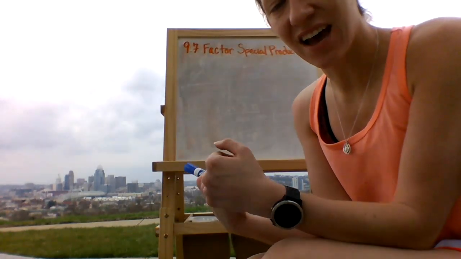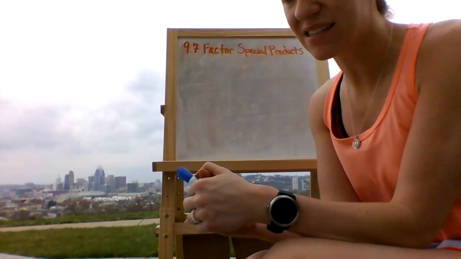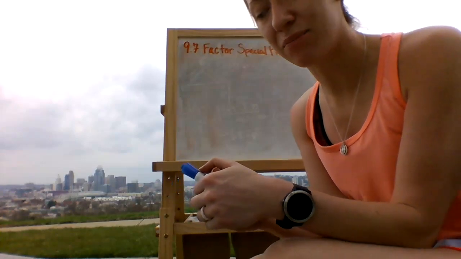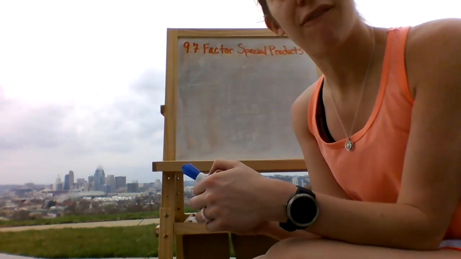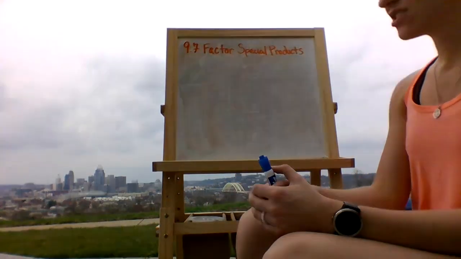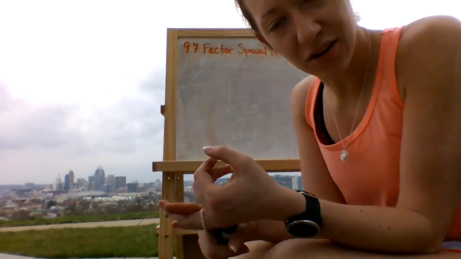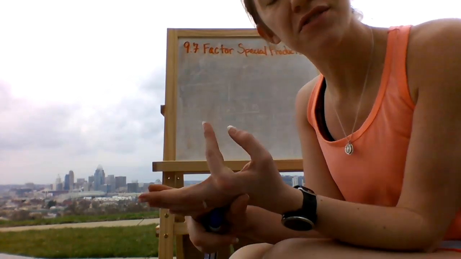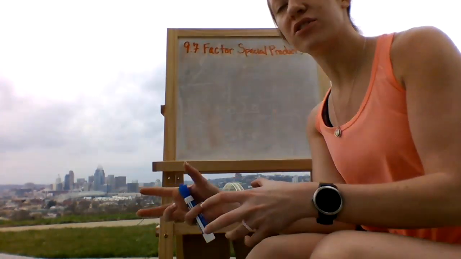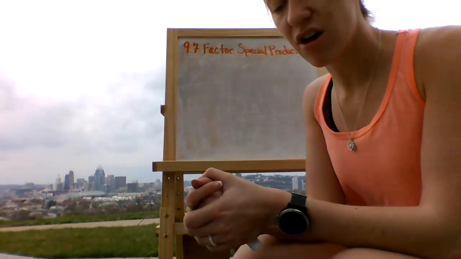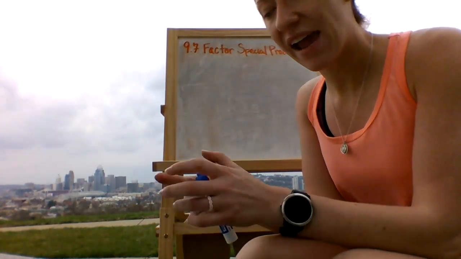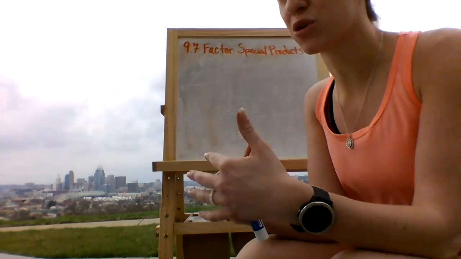In today's video, we're going to be discussing the beginning of section 9.7, which is factor special products. So we have multiplied, we've used the distributive property, and we have used the foiling process to multiply a couple of quantities together, and we've actually gotten special products before.